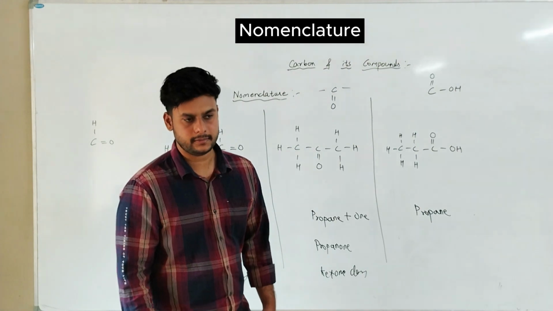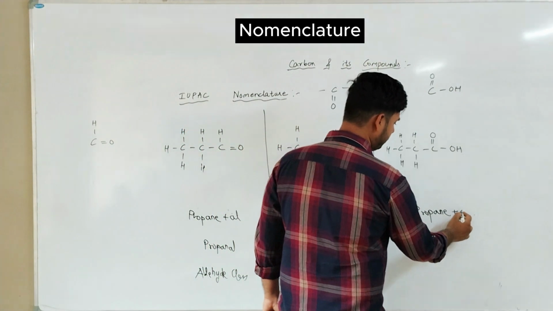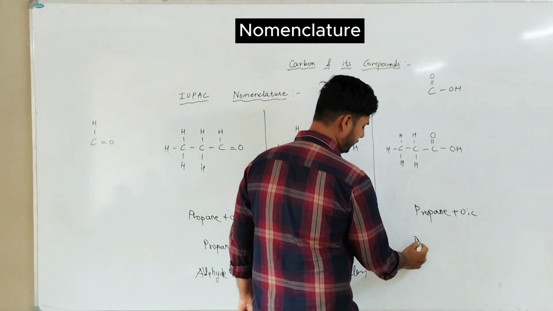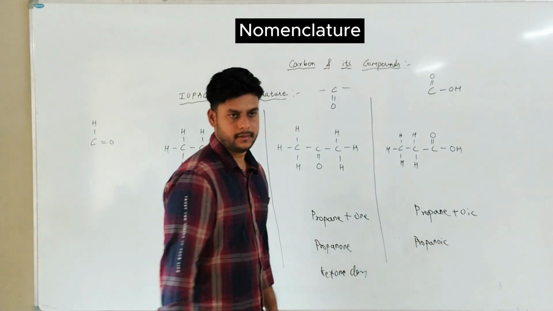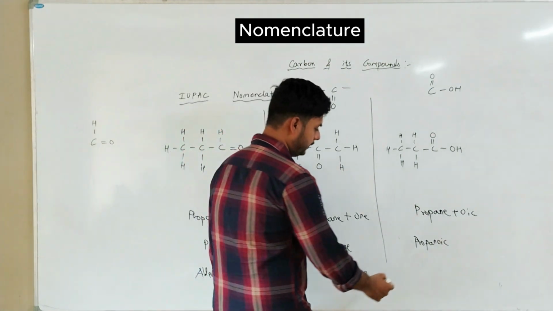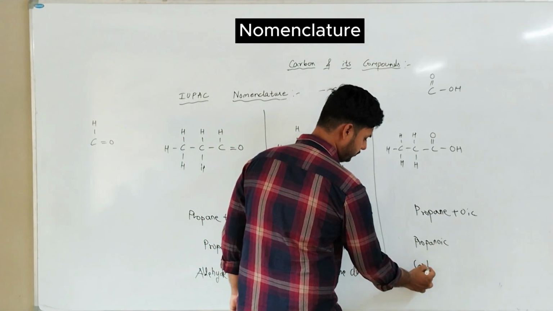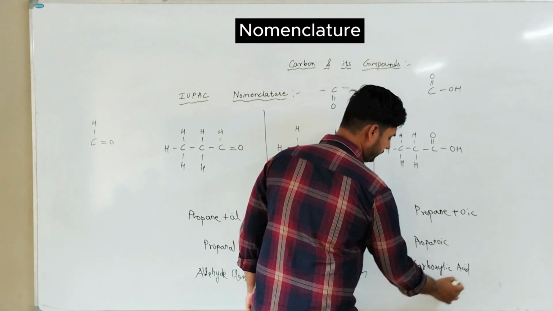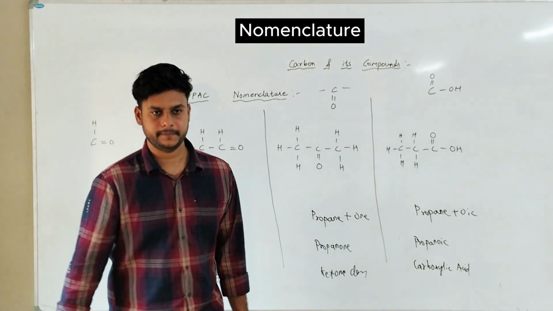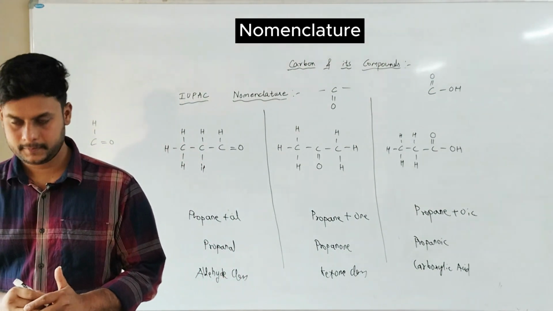So propane plus oic, it's propanoic. Propanoic is the name, and it comes under carboxylic acid. Functional group or class. Take it.